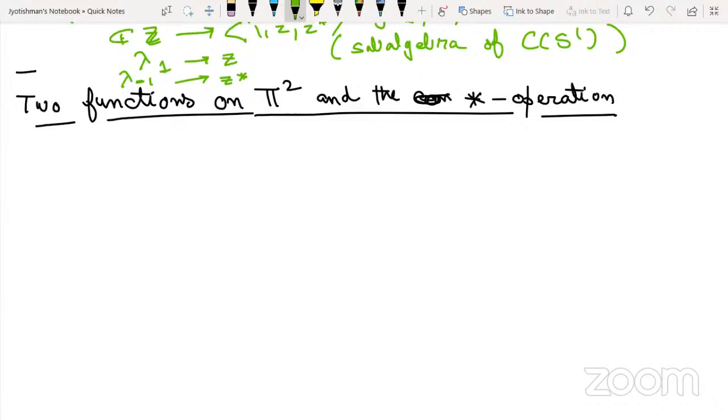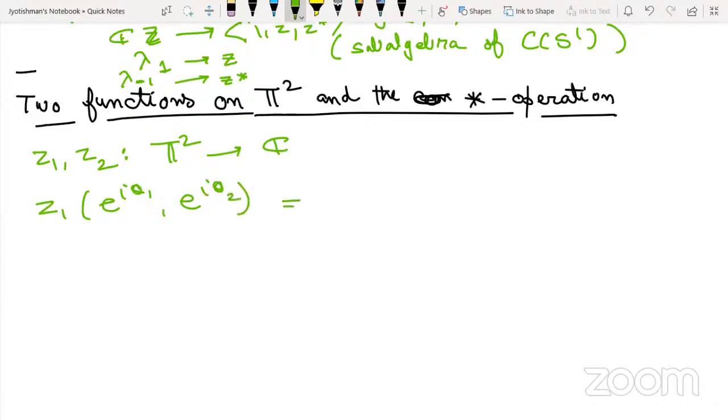Okay, but I will need these two functions. So I have these two functions, which are merely the projections to the first and the second component.